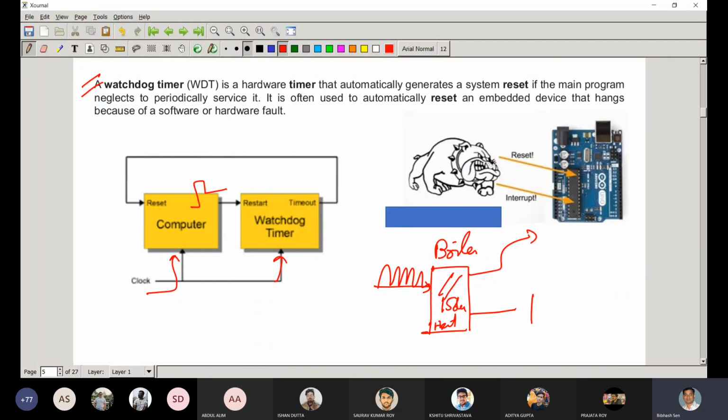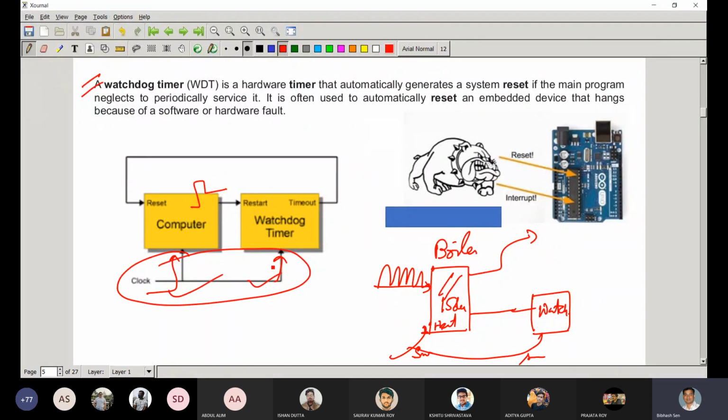There is a clock signal, and there is a watchdog timer. Whenever you switch it on, the timer also starts, both on the same clock sequence. After 15 seconds, when the water is heated and passed to another part, the signal will come here.